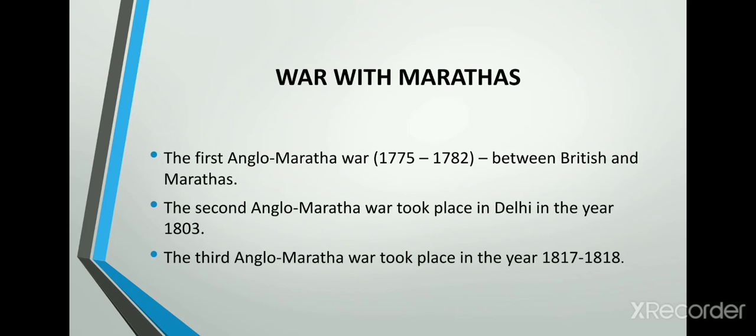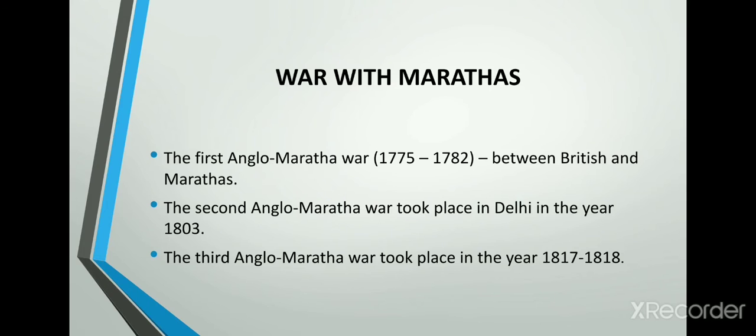Now let us see what happened in the war with the Marathas. The first Anglo-Maratha War took place from 1775 to 1782 between the British and the Marathas. The second Anglo-Maratha War took place in Delhi in 1803.